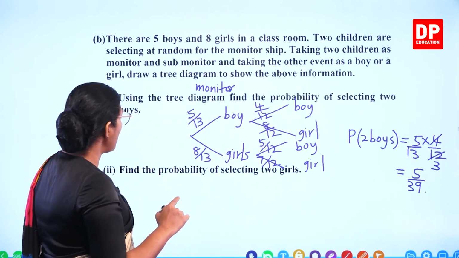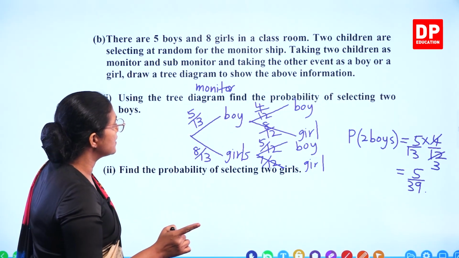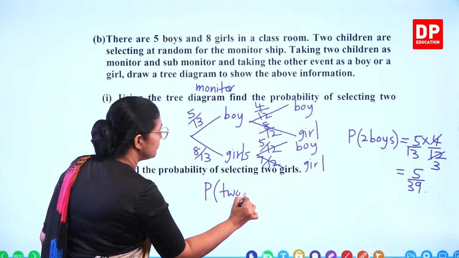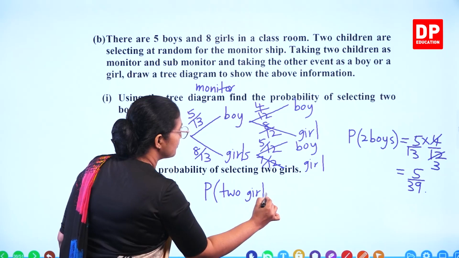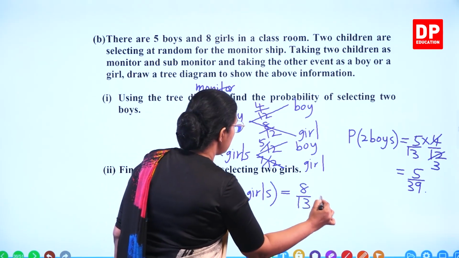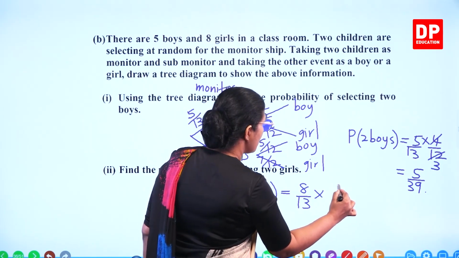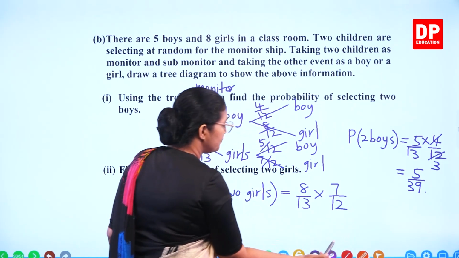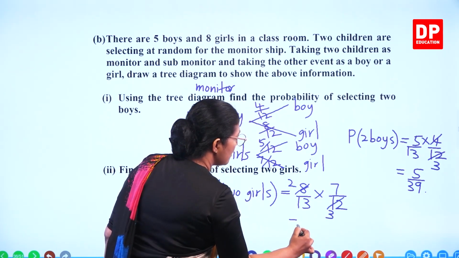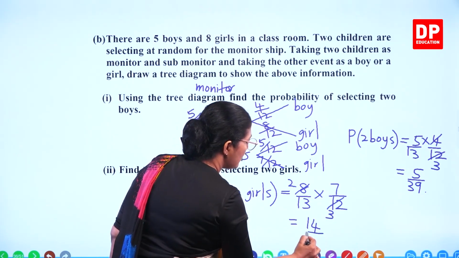What's the next one? Find the probability of selecting 2 girls. Probability of 2 girls: one girl is 8 over 13, the other girl is 7 over 12. So 4 times 2, 4 times 3. You get 14 over 39.